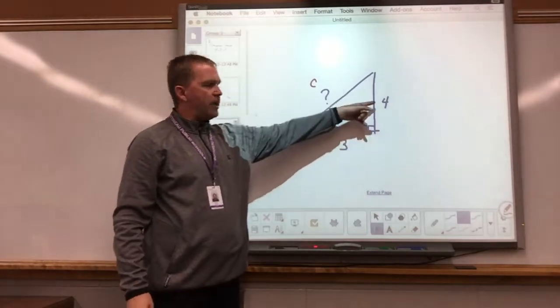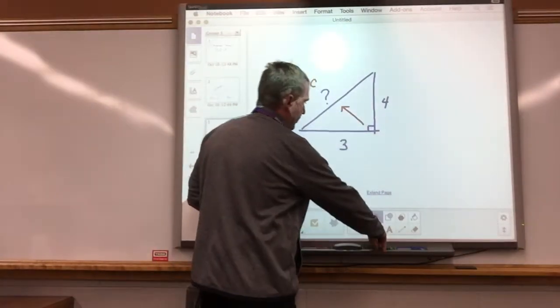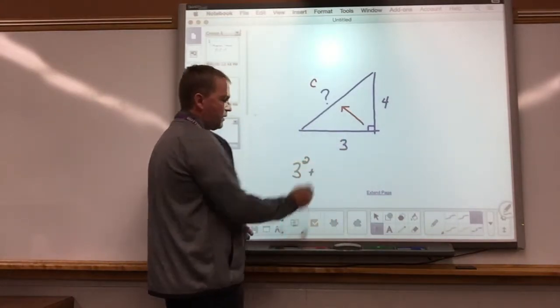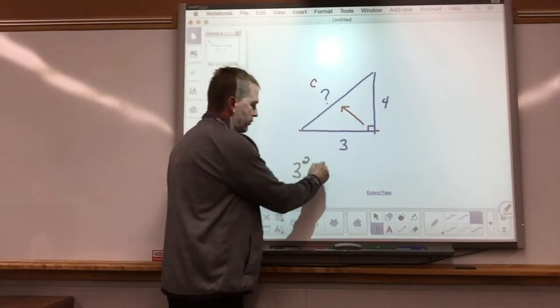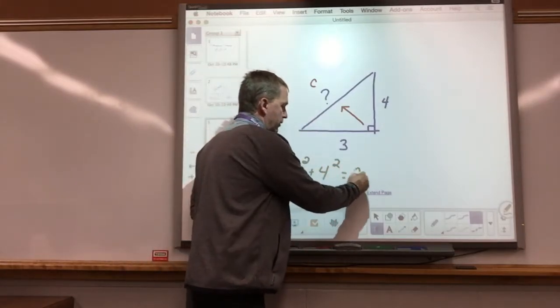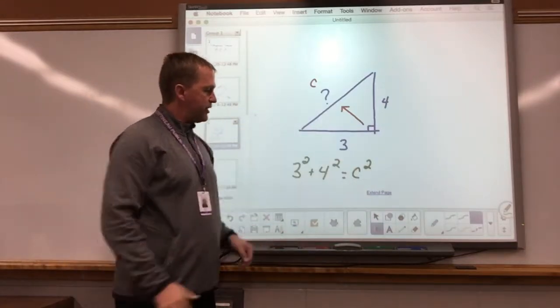A can be here or A can be there, but one is A and one is B. So the Pythagorean theorem says that we take one of the legs and square it, plus the second leg, which is 4 squared, should be equal to C squared. A squared plus B squared equals C squared.